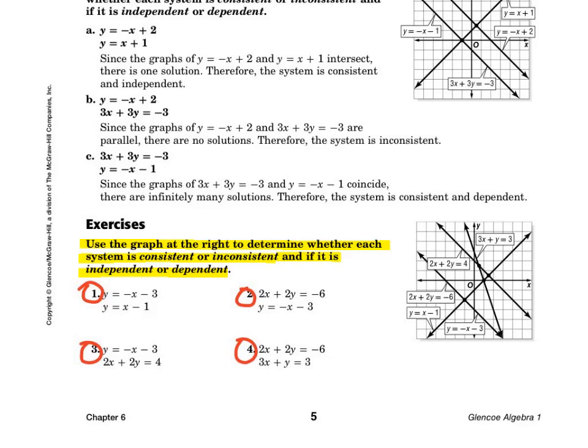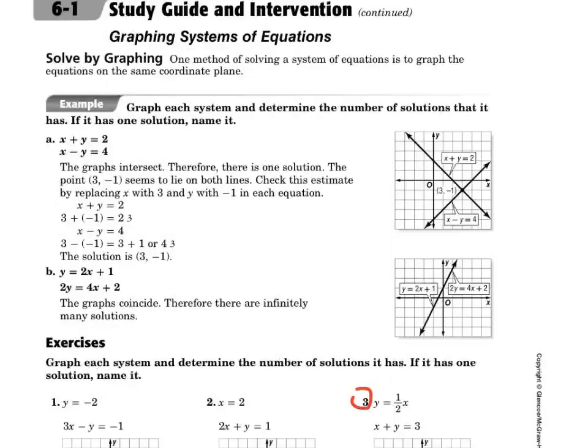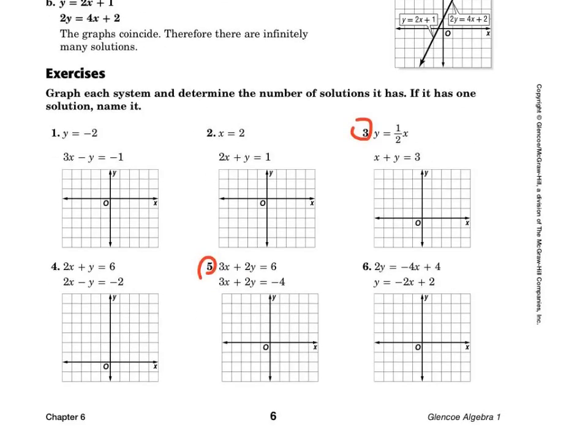Okay, so those are your possible answers for 1, 2, 3, and 4. Then you're also going to work on 2 of these. You're going to solve by graphing. Number 3, there's your system. And number 5, there's your system. Okay? All right, jot down any questions.